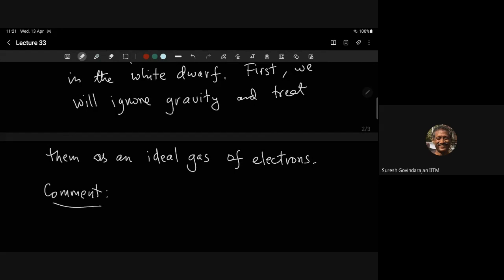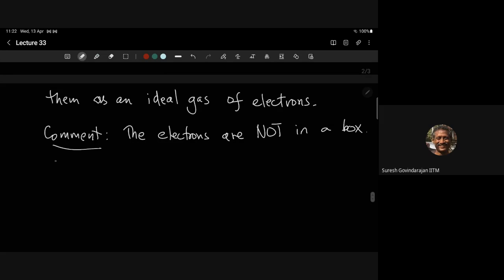The electrons are not in a box, but are held in the star through gravitational attraction.